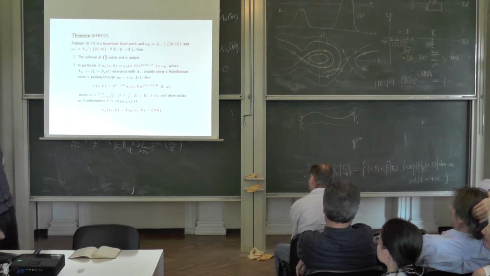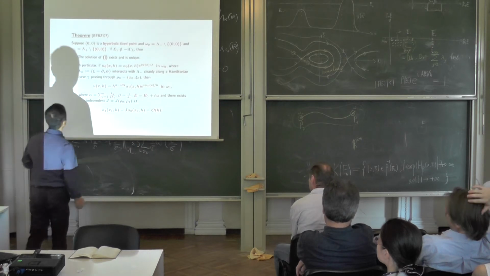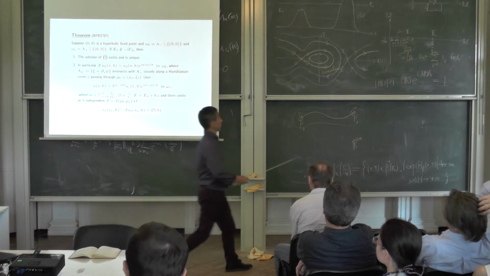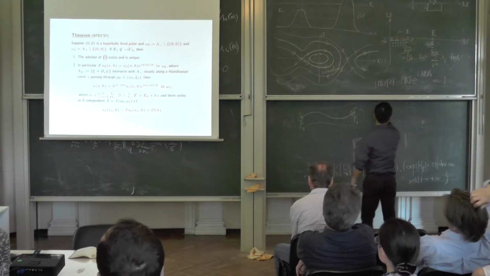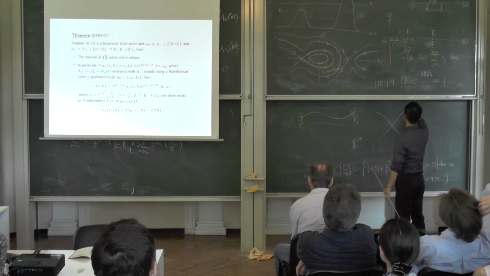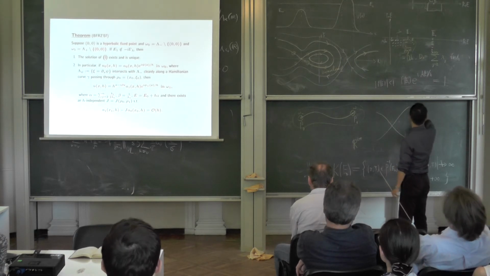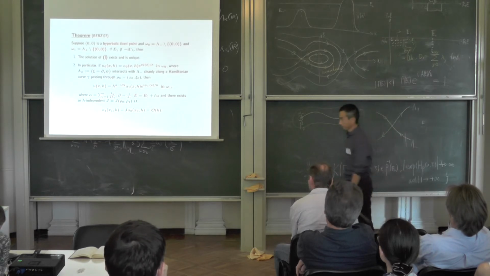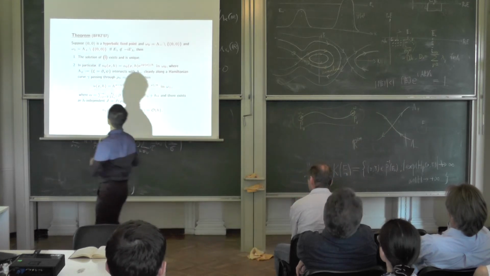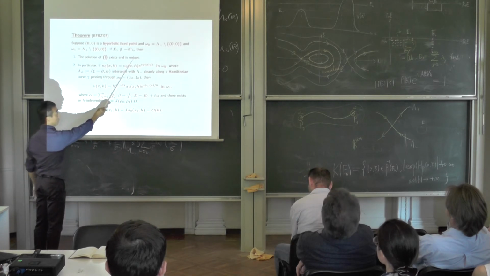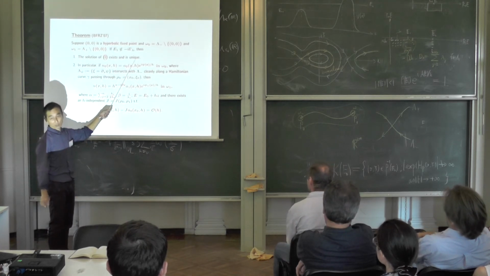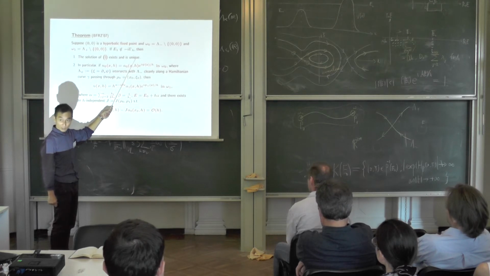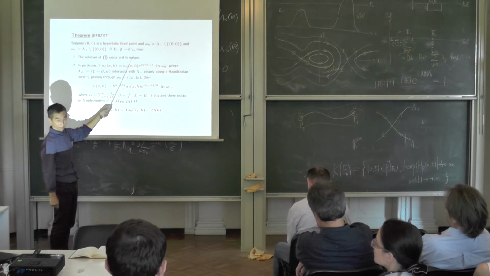And a new result is the one concerning the hyperbolic fixed point. Okay, the first one, existence and uniqueness. And uniqueness is also the same thing as the propagation of singularity. So it is true.